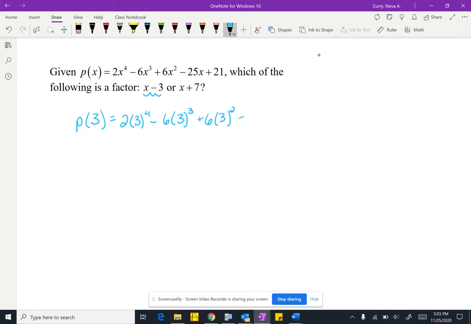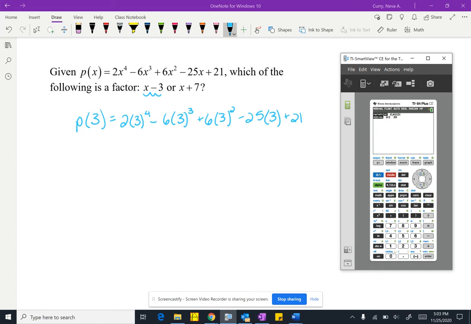But I'm not going to do the mental math. I'm going to use my calculator to assist me. So let me pull up my calculator and I would type in 2 times 3 to the fourth, and then minus 6 times 3 to the third.